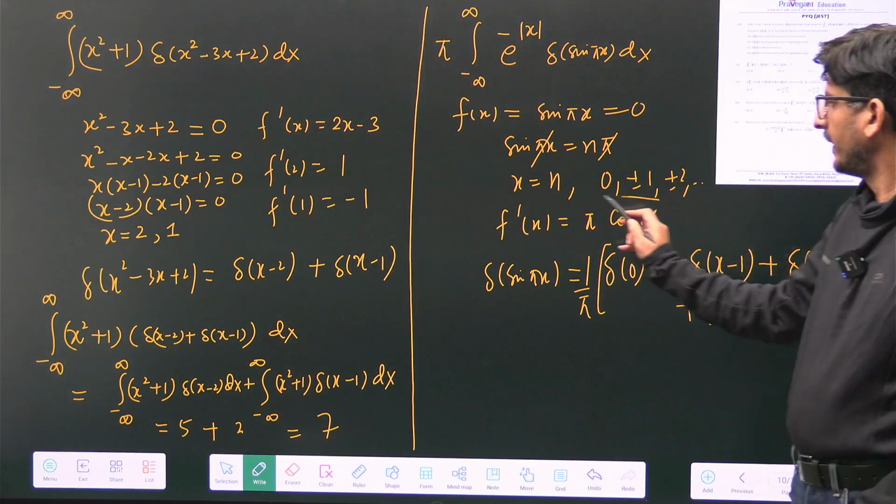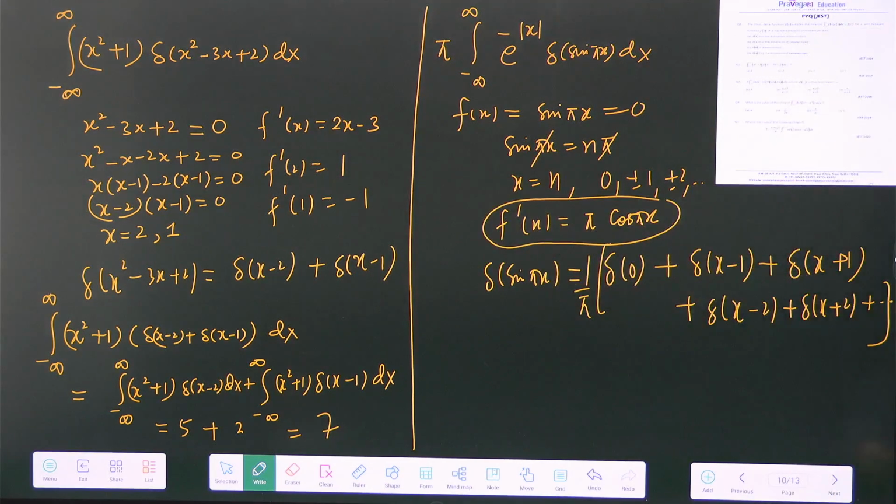It is coming from here. So mod of cos of n pi is always 1, which is in the denominator.